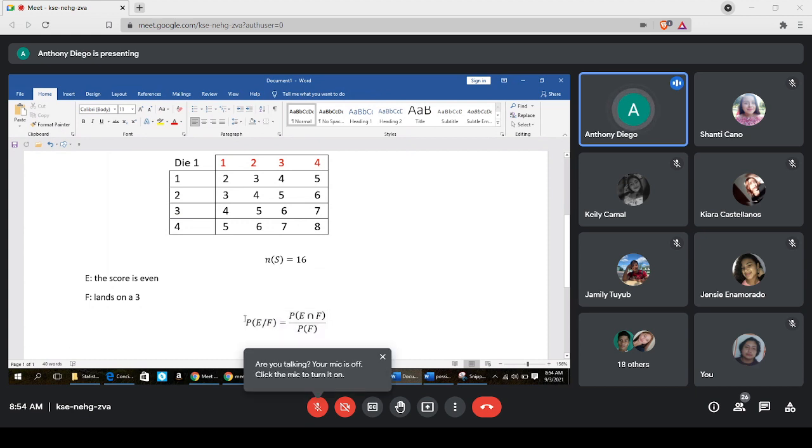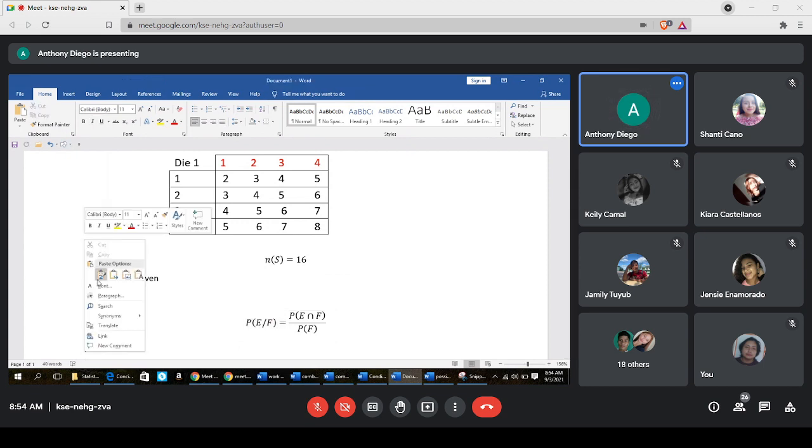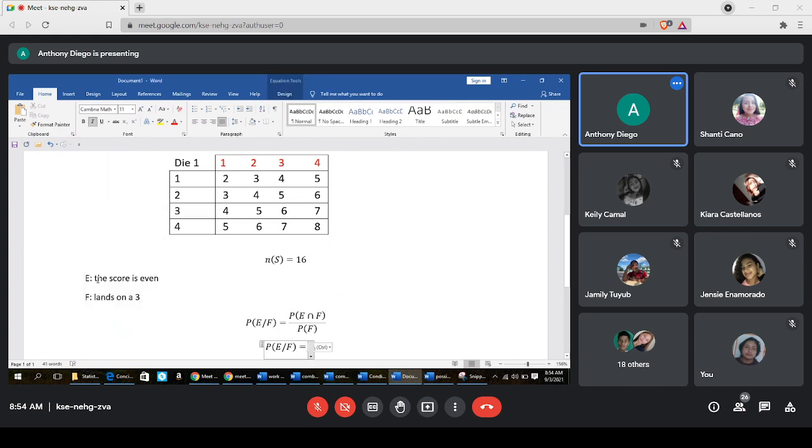So let me copy this here. And let us put in some numbers. So what did we obtain for E intersecting F?